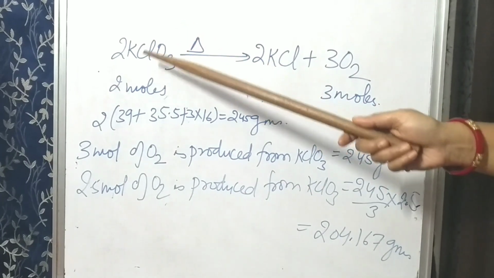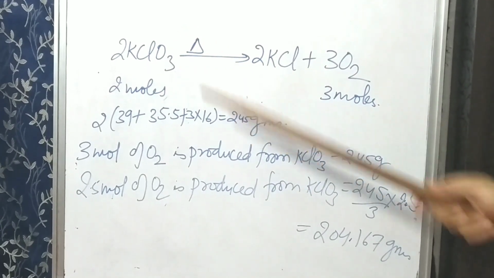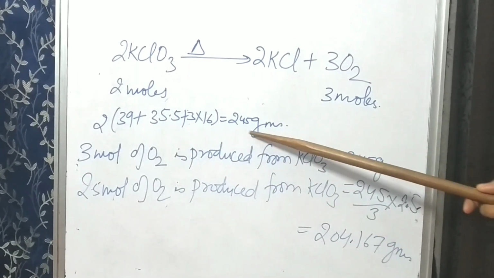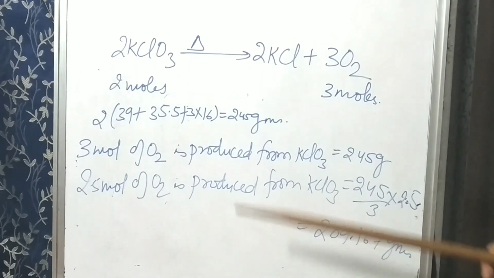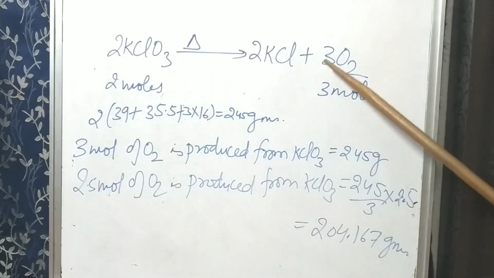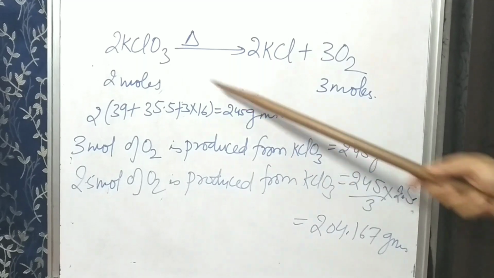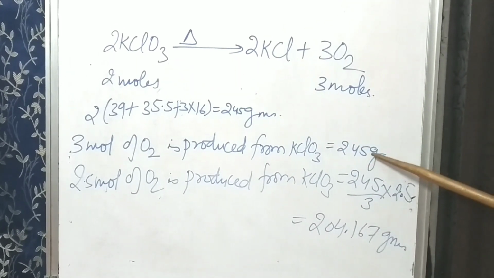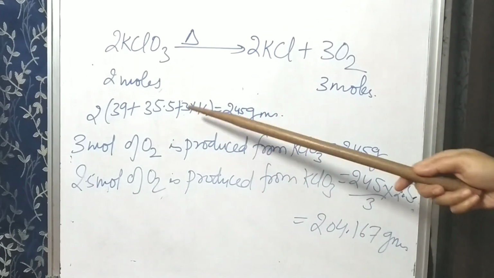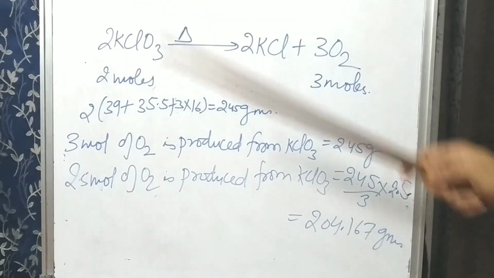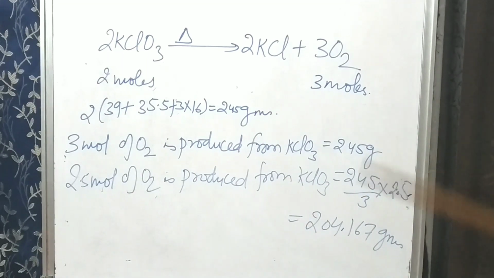First of all we have to calculate the molecular mass of KClO3. I have calculated it here, it will be 245 grams. In this reaction we can see that 3 moles of O2 are produced from 245 grams of KClO3, because 2 moles of KClO3 have a mass of 245 grams.